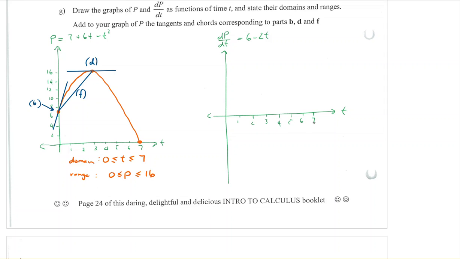So when time was 0, looking back to part B, what was the rate of change? 6. So my dP over dt intercept is at 6. 2, 4, 6. I'm going to put it right there.